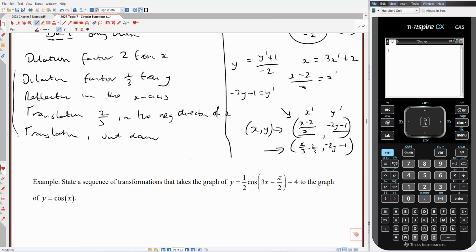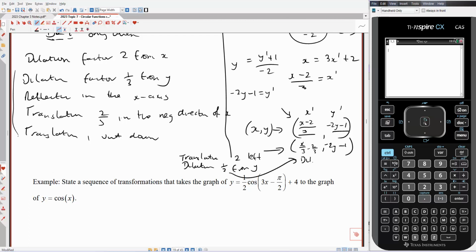So it's going to be translation 2 to the left. Then it's going to be a dilation 1/3 from y. Then we continue over here and state the y ones.